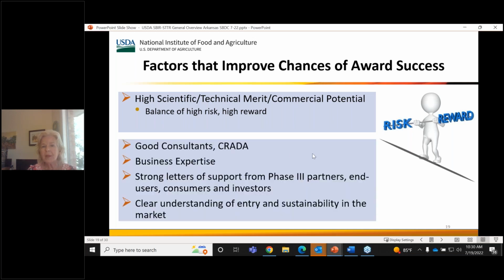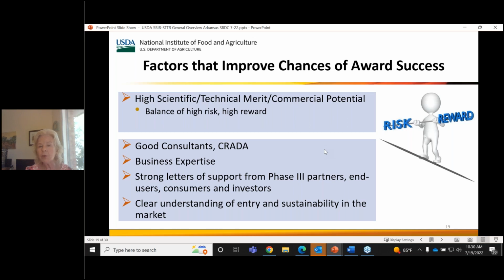So some other things: have good consultants, make sure you have that. Again, a credit agreement is an option. Also, in your proposal, demonstrate that you have some business expertise on your team. And strong letters of support are really important, the panels really look at letters of support.